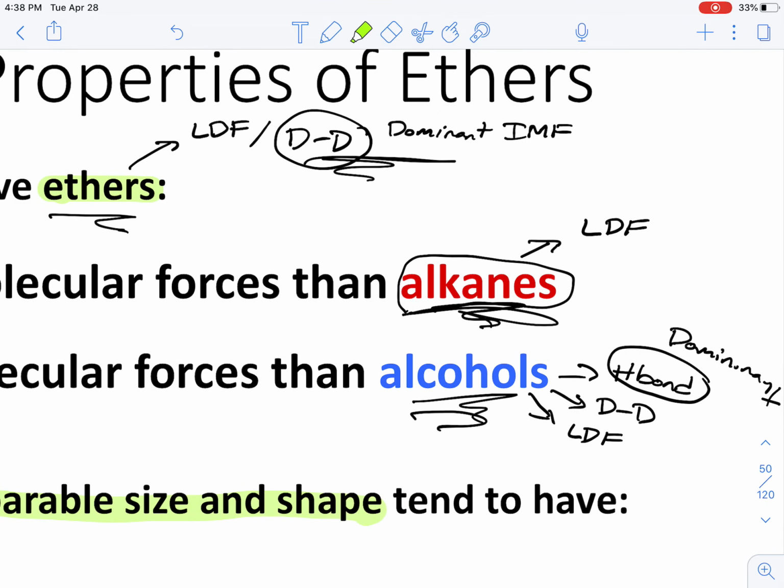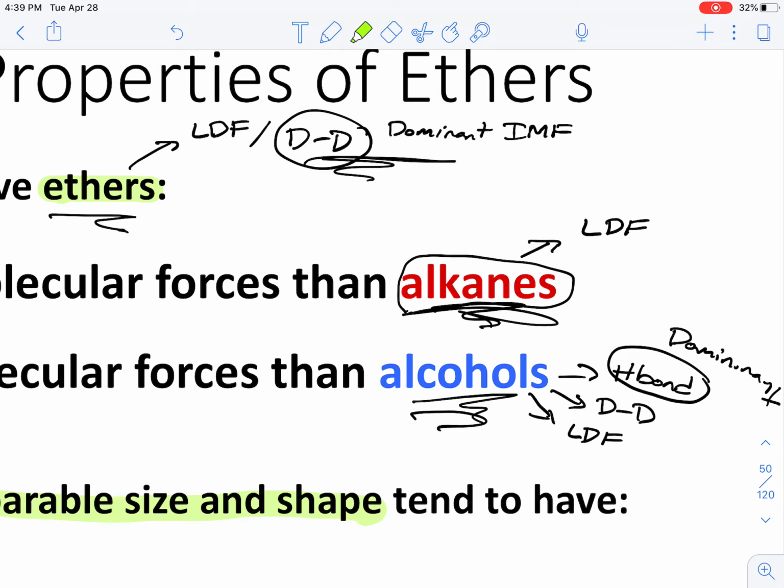The stronger the intermolecular force, the more energy you need to break them apart. If you need more energy to break them apart, then the boiling point is going to be much higher. The melting point is going to be much higher compared to intermolecular forces that are weaker. In other words, they're easy to pull apart. Once again, I'm going to bring up this analogy of magnets. The stronger the magnet, the more energy you need to separate them.